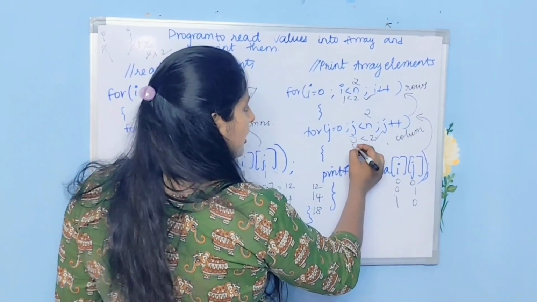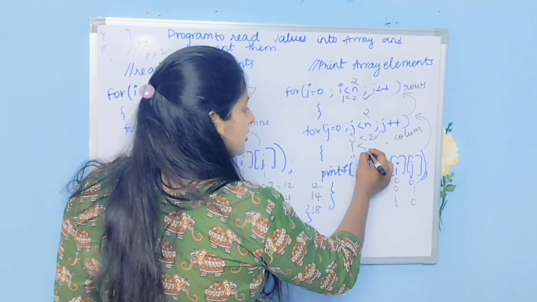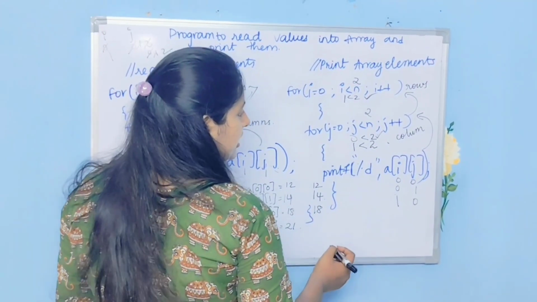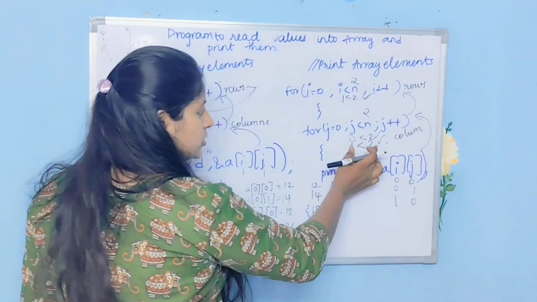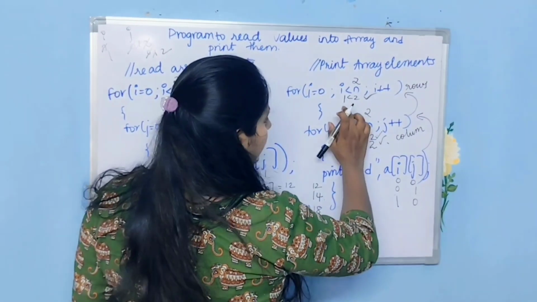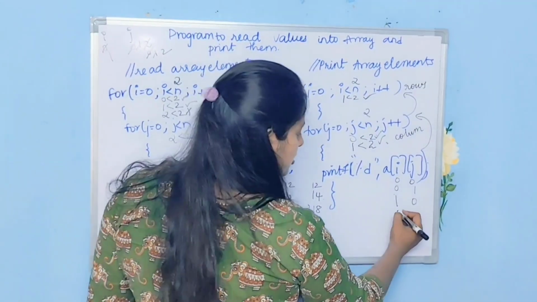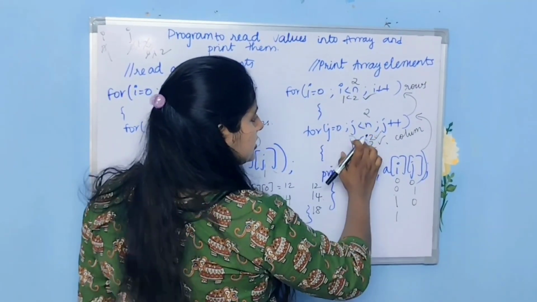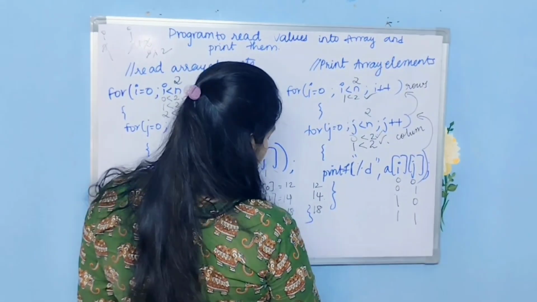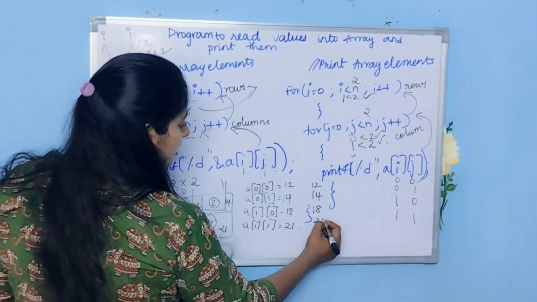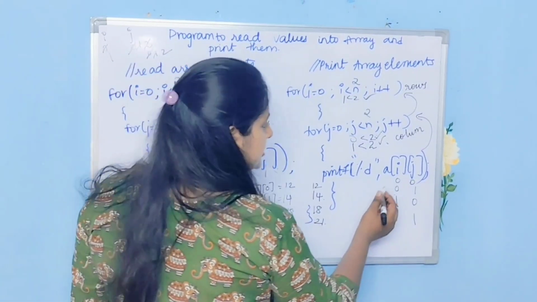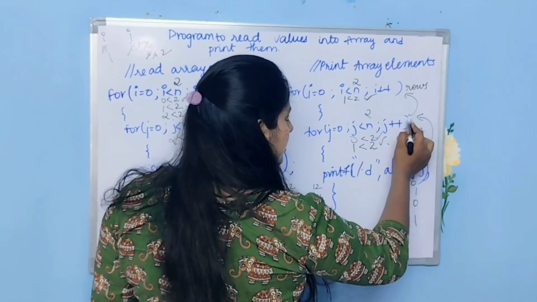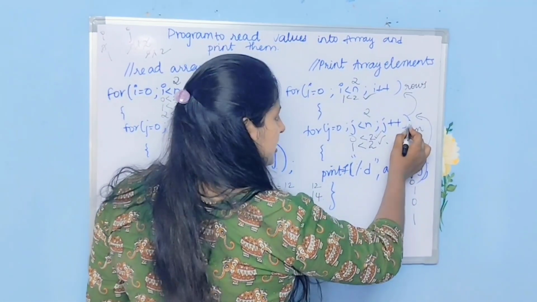Now the j value is incremented. j is 1. 1 is less than 2. Condition true, so I'll go here. The i value is 1, it did not change, so it will remain like that. j equals 1. What is there in 1, 1? 21. After executing the statements, it came to j plus plus.